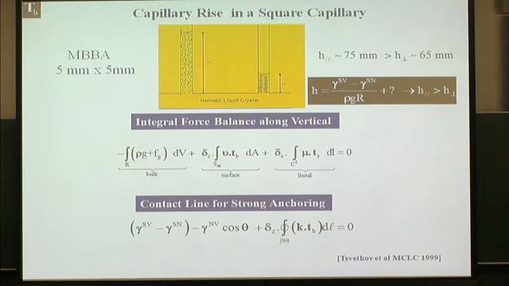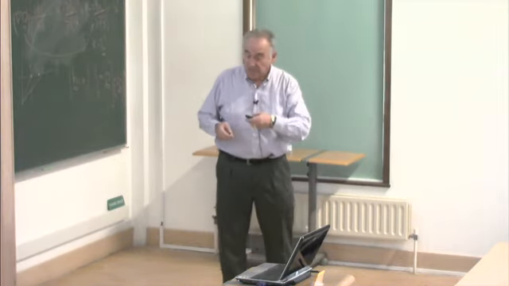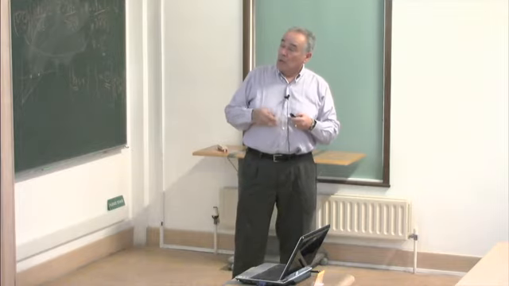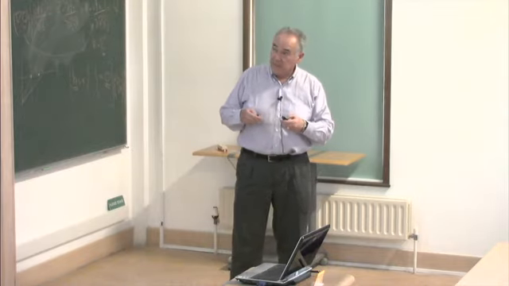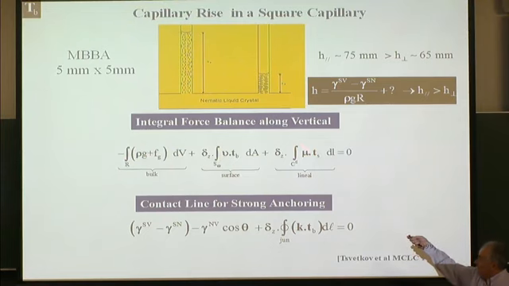So I have bulk forces, I have surface forces, and I have line forces. So the surface force is this integral that involves the bulk stress. And you also have to describe the contact line at the top. I don't have a lot of time to do anything very fancy, but basically these stresses acting on the contact line involve the contact line equation.